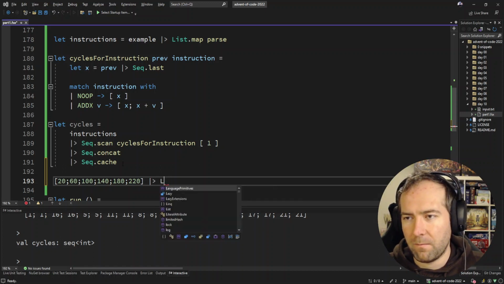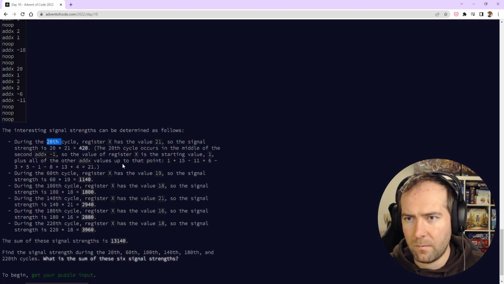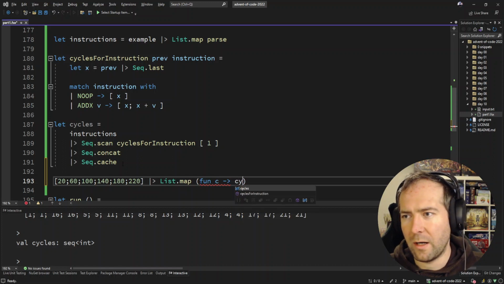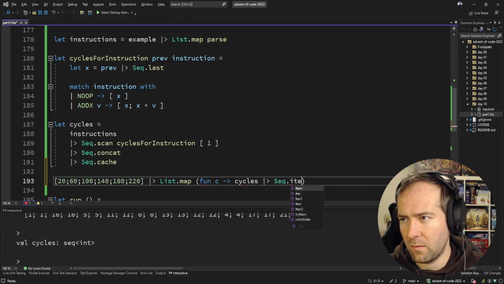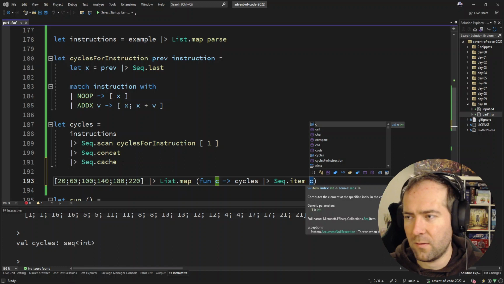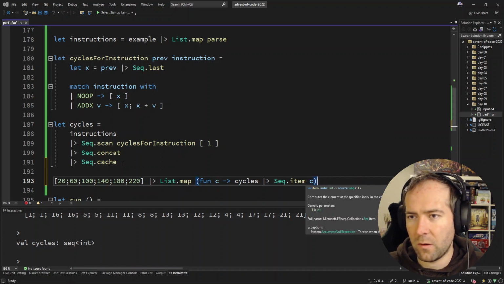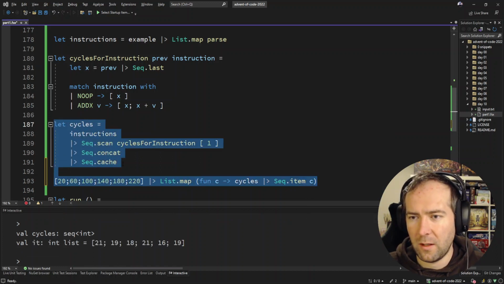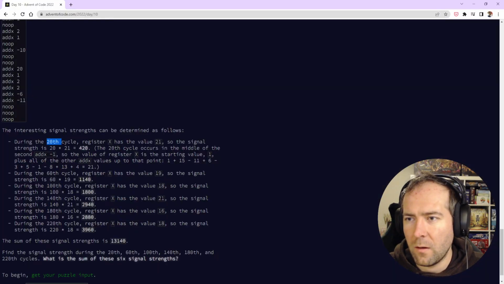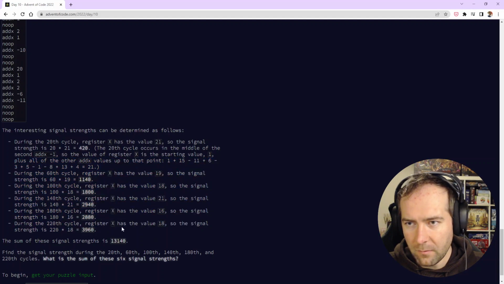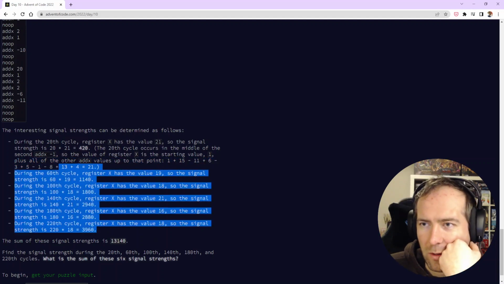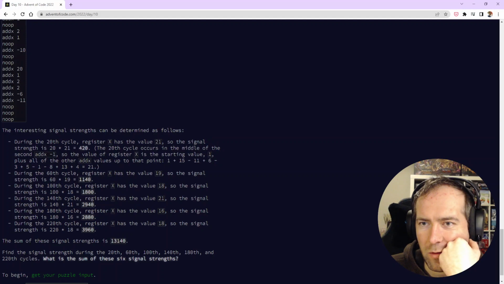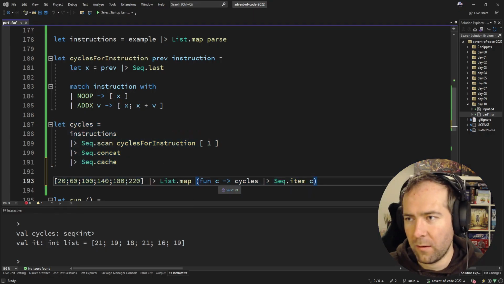So if we map over these, and we grab the cycles item at this index, those are all the cycles we need. 21, 19, 18, 21, 16, 19. That is correct. And what do we need to do? We don't need the register x value, we need the signal strength, and that is multiplying the cycle by the value. Cool, we can do that.